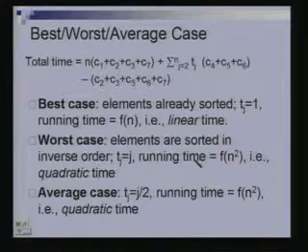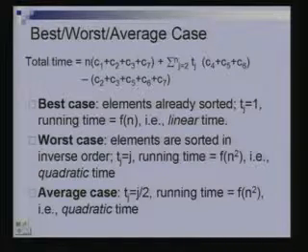What happens when the input is in decreasing order? If the input is in decreasing order, then the number that I am trying to insert is going to be smaller than all the numbers that I already have sorted in my array.